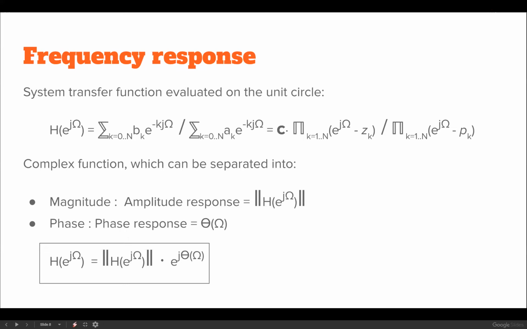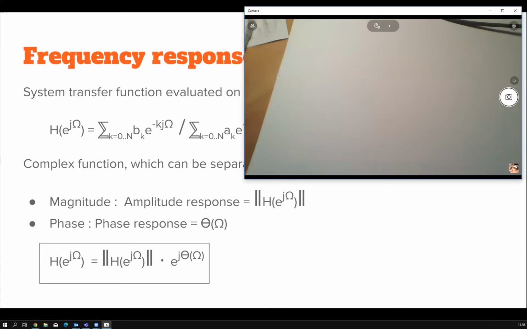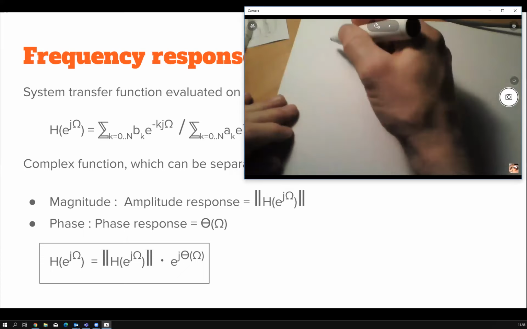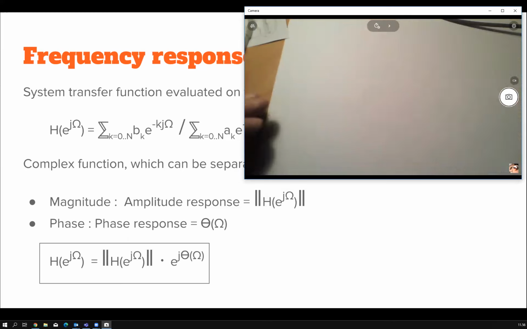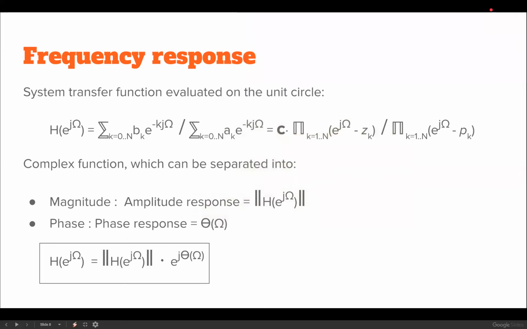On the unit circle means that z equals e to j omega. It still looks ugly. I hate ugly formulas.